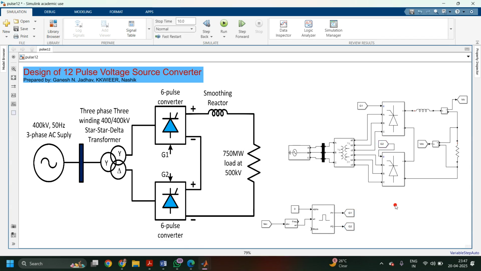Now what we have to do, we have to add the measurement blocks. So let us make sections in this. Okay, we'll do the area. So this first area is the power circuit.